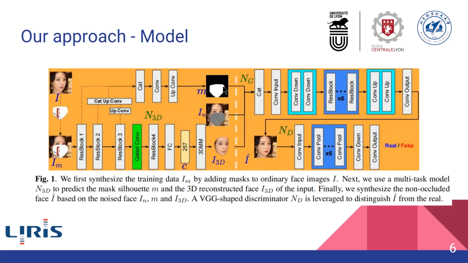We then replace the mask texture with noise based on M and get IN, the noised occluded face image. Finally, NG predicts the mask-free face image conditioned on IN, M, and I3D. The predicted face is further fed into a discriminator to make it photorealistic.